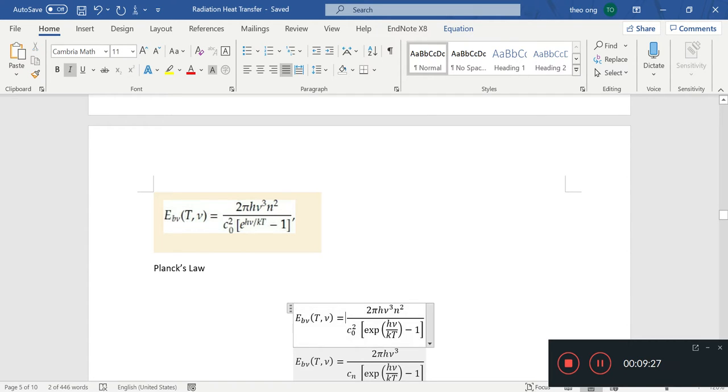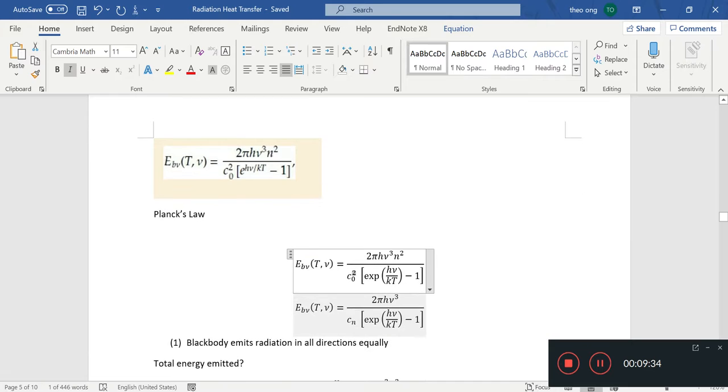Just nicely, you see this c0 squared and n squared here. If you combine these two terms together, you can have this cn squared. So this is the speed of light in said medium with a refractive index of n.